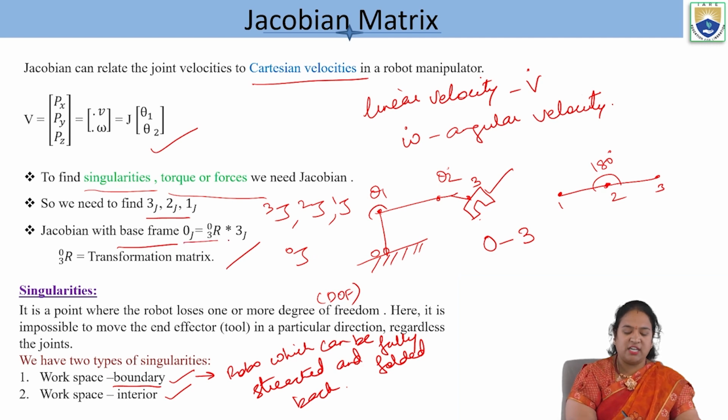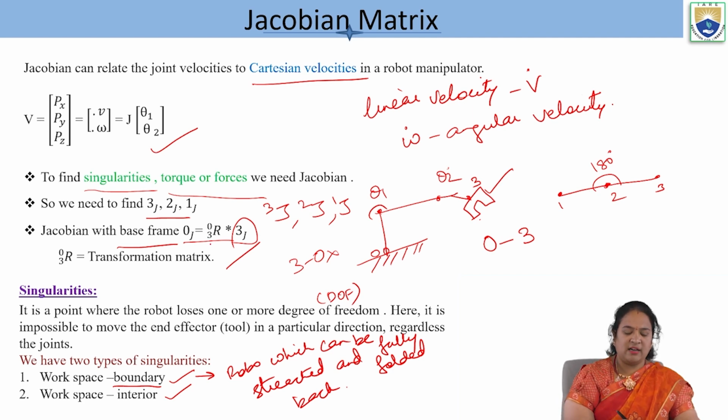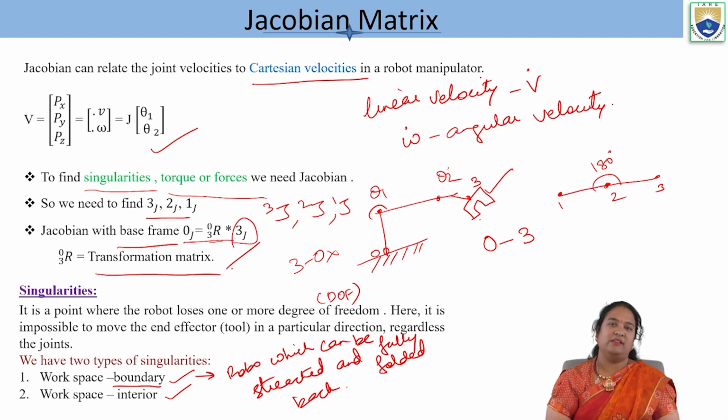This J naught is equal to the rotation matrix from 3 to 0, which we generally take from higher order to lower order, into the Jacobian at joint 3. This rotation matrix is called the transformation matrix, that is R3 to 0.